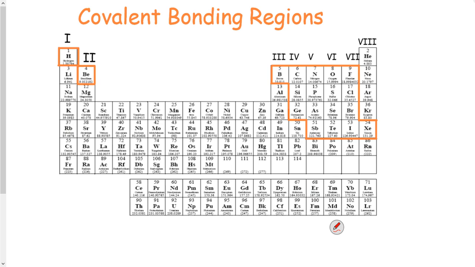So these were the ones that required the prefixes to name. Notice that we are covering just about all of the top portion of Roman numerals 1 through 8A. We're also picking up the noble gas xenon that will be involved in this as well.